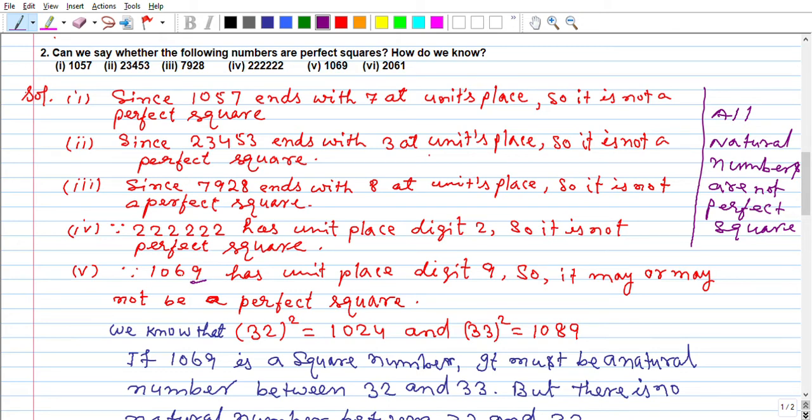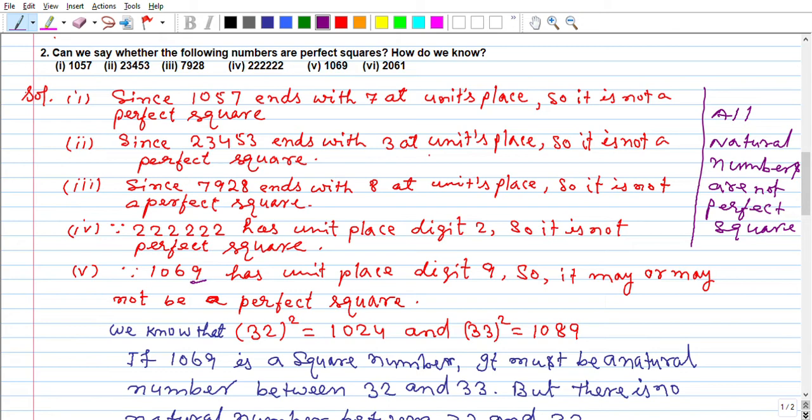Can anyone tell? Yes. Ends with 0, 1, 4, 5, 6 or 9, then it is a perfect square. But it is wrong. That's why I have written on the right hand side: all natural numbers are not perfect squares.